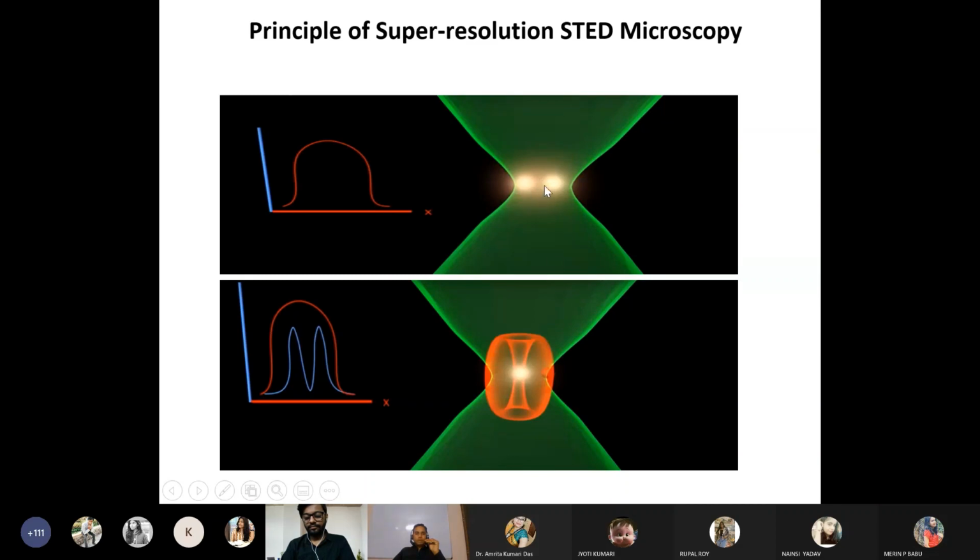Okay, so here, if the focus of the light is not that narrow, you will see the two different lights as a single peak. That means you cannot distinguish between these two objects as two. Whereas with the advent of STED microscopy, you can figure out that this is a different molecule than this, because these two different molecules are giving two different peaks.